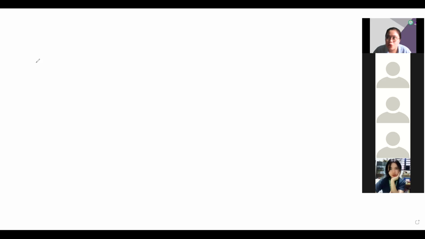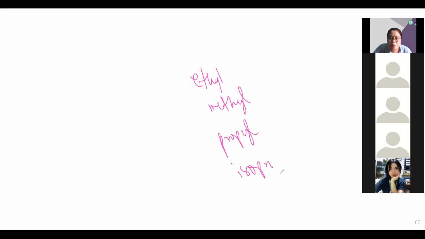All substituents will be alkyl groups, so their names end in -yl. There was no prefix then, except for the iso, because they're all different. We have ethyl, methyl, propyl, and then isopropyl.